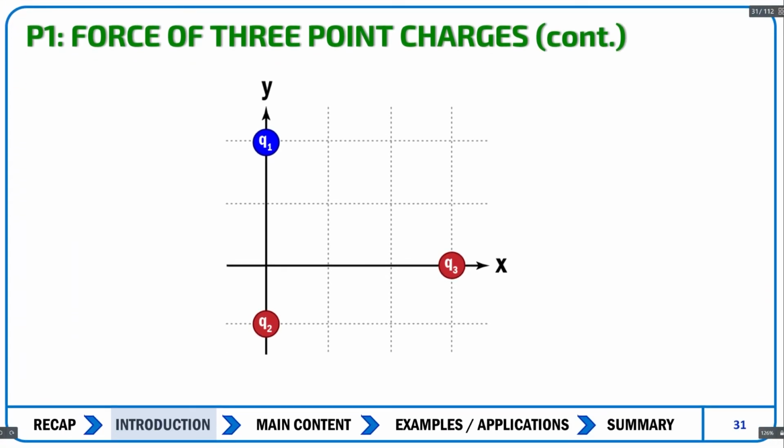And so it says right here, the first location of Q1 was (0, 2). I'm just going to write that down. Then you had a second location, (0, -1).